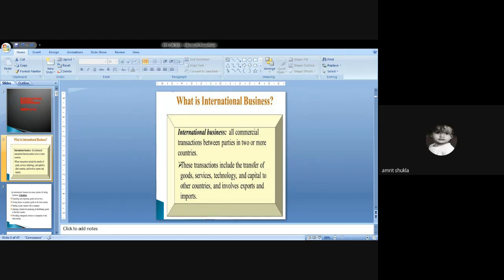Geographical boundaries are the boundaries that are drawn on our map. But political boundaries are those like if an aeroplane flies from India to Australia, it is still in the political boundary.